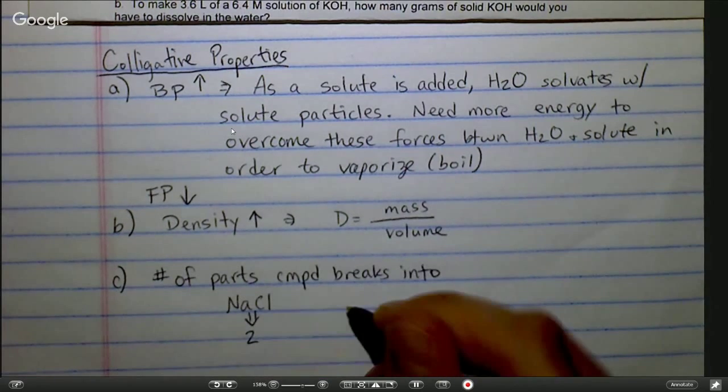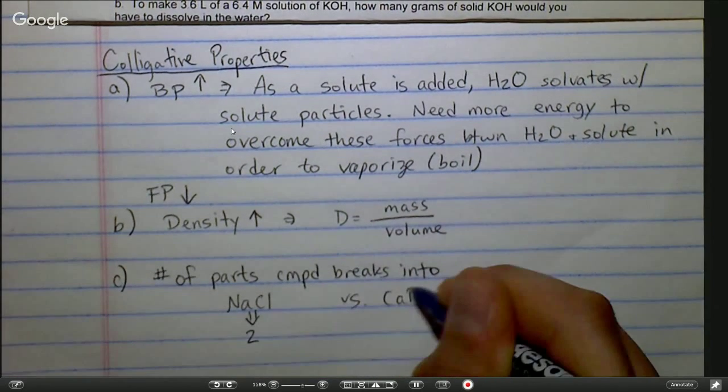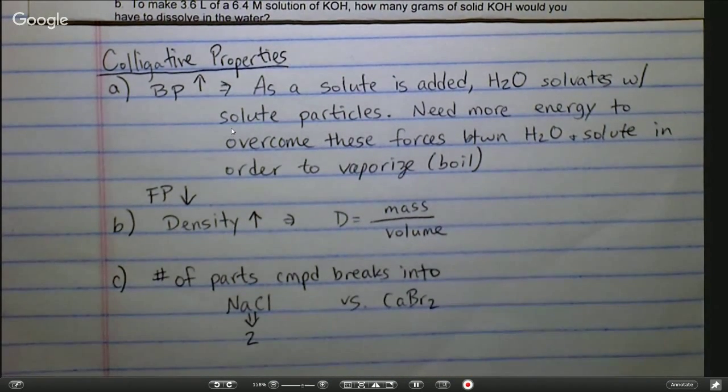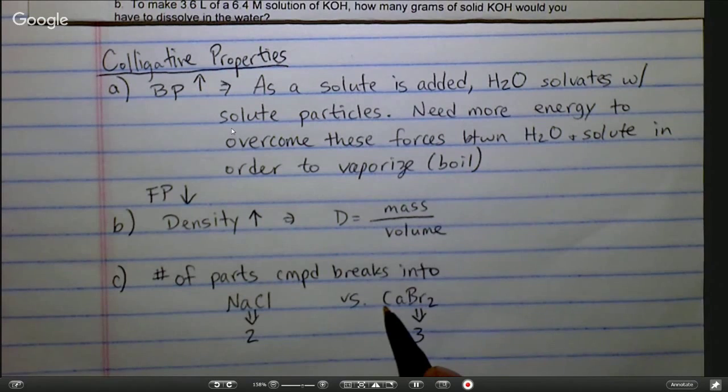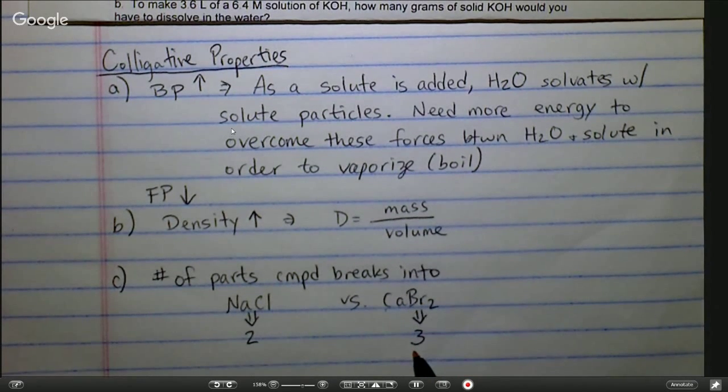So 2 parts versus calcium bromide, how many ions would break apart there? 3. We have 1 calcium, 2 bromide, so it'd be 3 parts that it would break into.